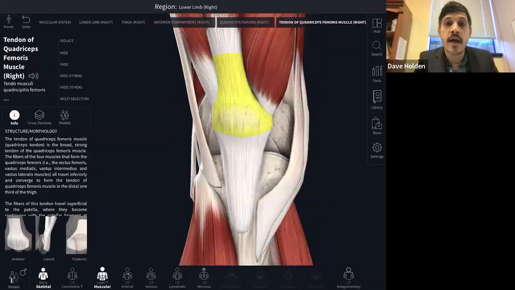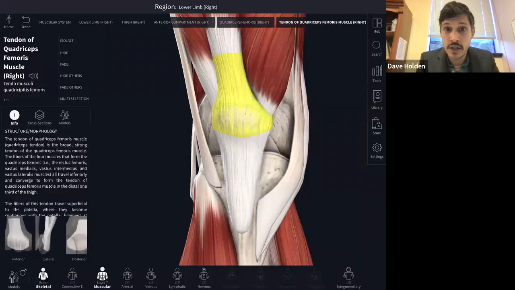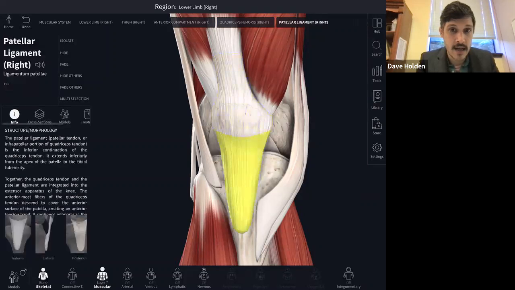But the patella is just embedded within a tendon. The full tendon will continue on past the patella and ultimately insert onto the tibia at the tibial tuberosity. So while effectively it's still a tendon connecting the muscle to a bone, technically speaking, it's a ligament connecting the bone of the patella to the bone of the tibia.